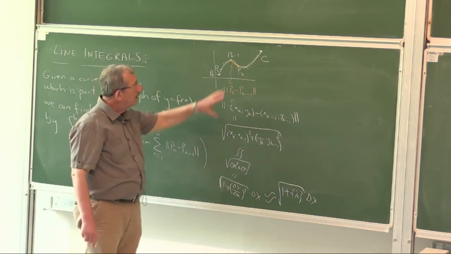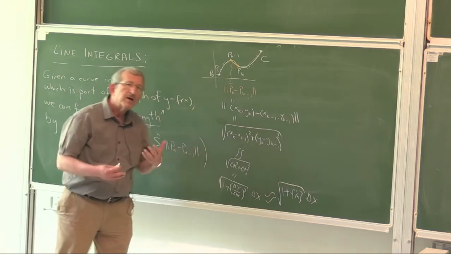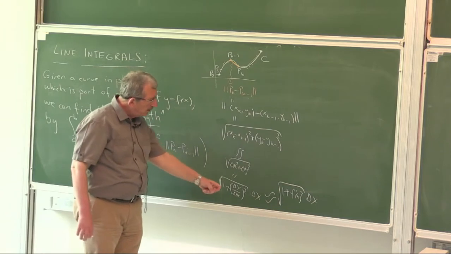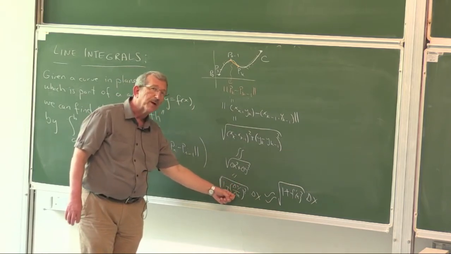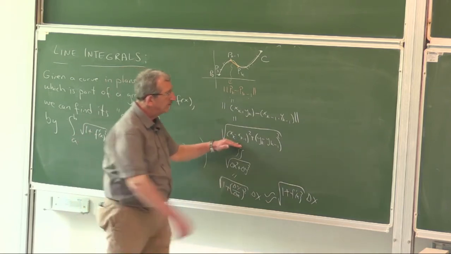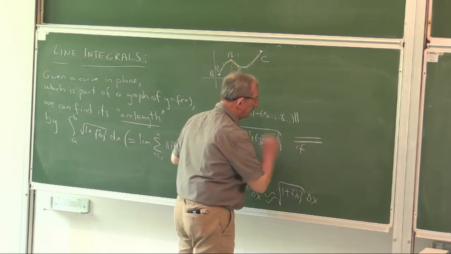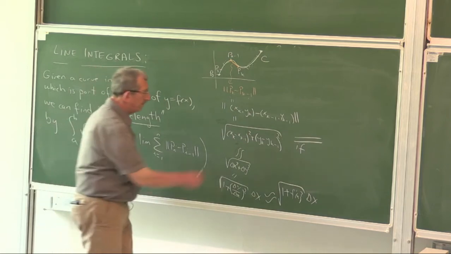Now, if the curve is given parametrically, what would happen? Well, we cannot talk about the derivative of y with respect to x anymore, but at this stage we would deviate from here.